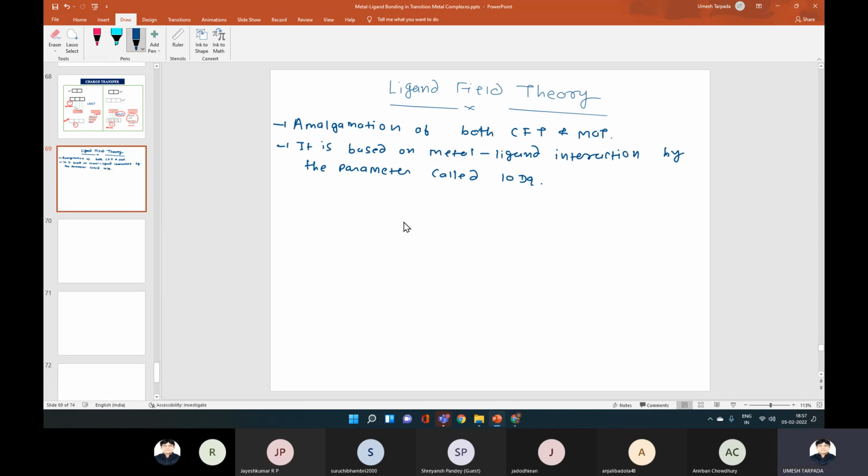Okay, the 10 Dq value. So you have a parameter 10 Dq that can be theoretically evaluated by taking all metal-ligand interactions into consideration. That means splitting of the metal ion term, and on the basis of that splitting, atomic orbitals, or a whole atomic configuration, by the ligand.